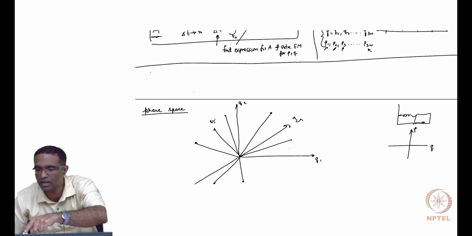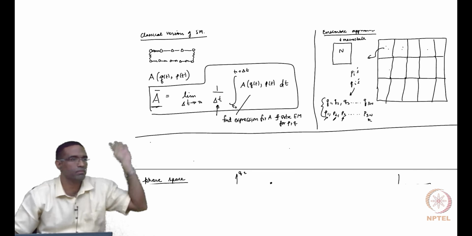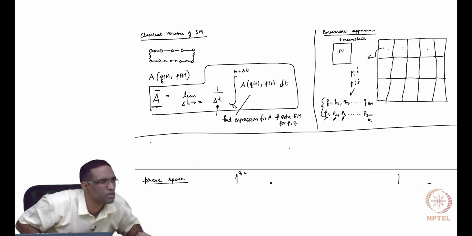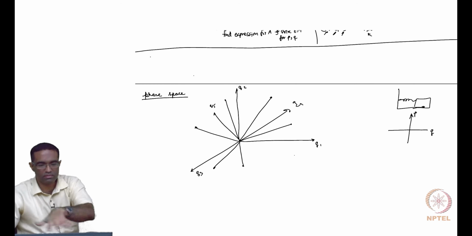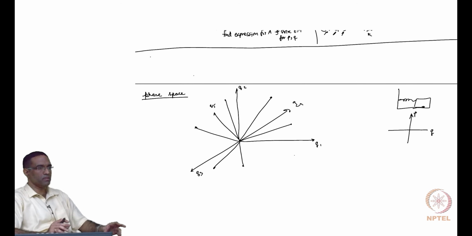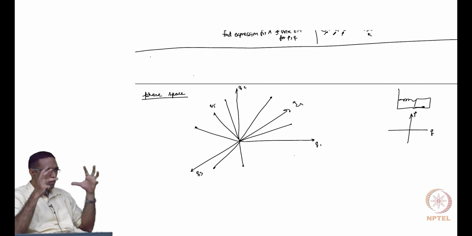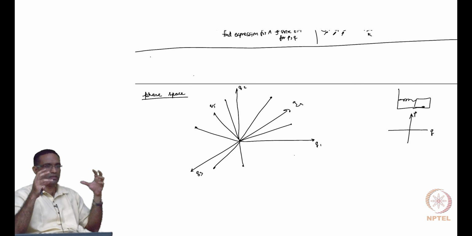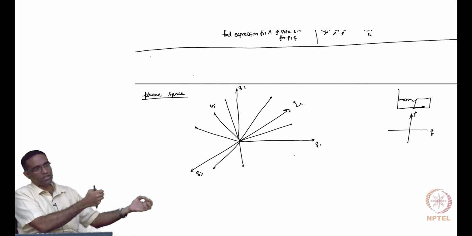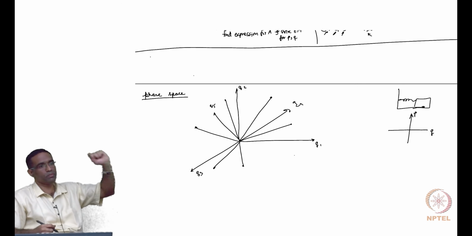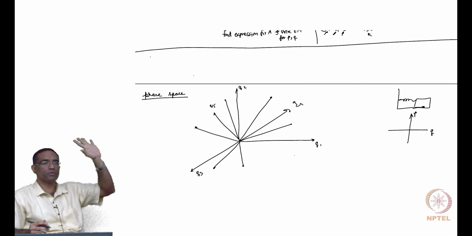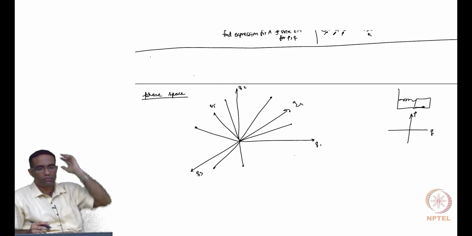So you can imagine for a system with a large number of particles, this entire phase space is going to be a swarm of a large number of points, each representing a microstate commensurate with, or matching, the macrostate of the system. They are not arbitrary points. That microstate should be such that it satisfies the imposed macrostate.